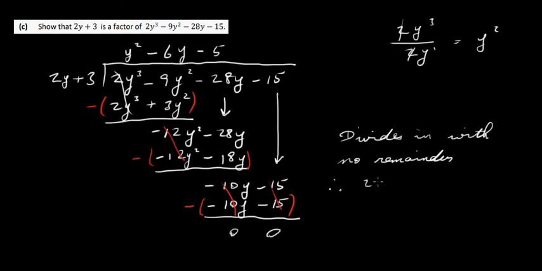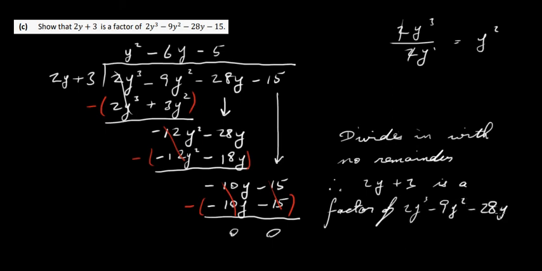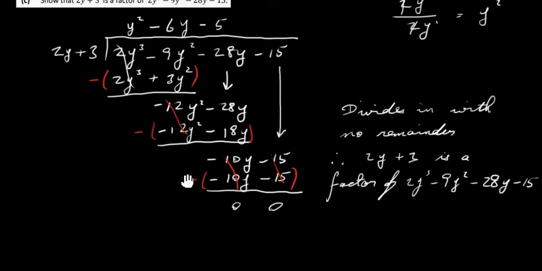Therefore 2y plus 3 is a factor of 2y cubed minus 9y squared minus 28y minus 15. Okay, so that's part C, and actually that's it for these questions.